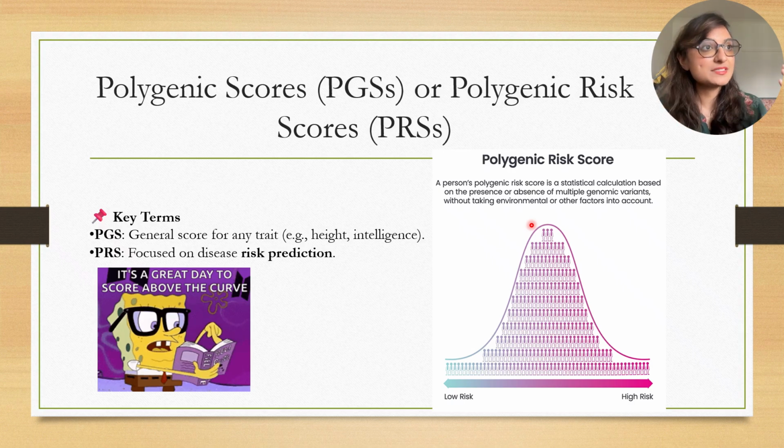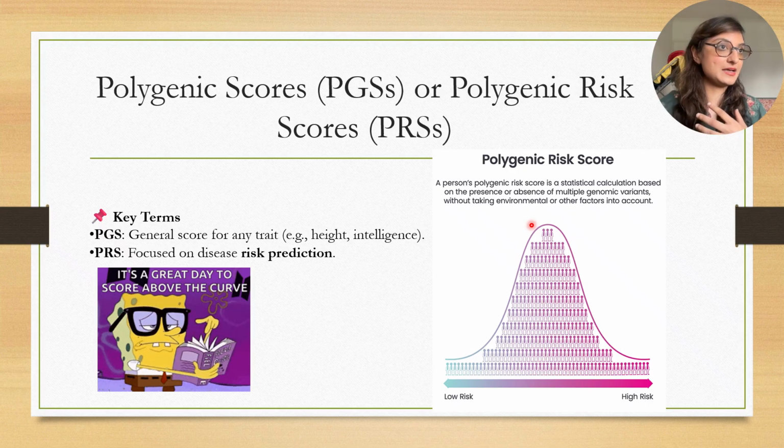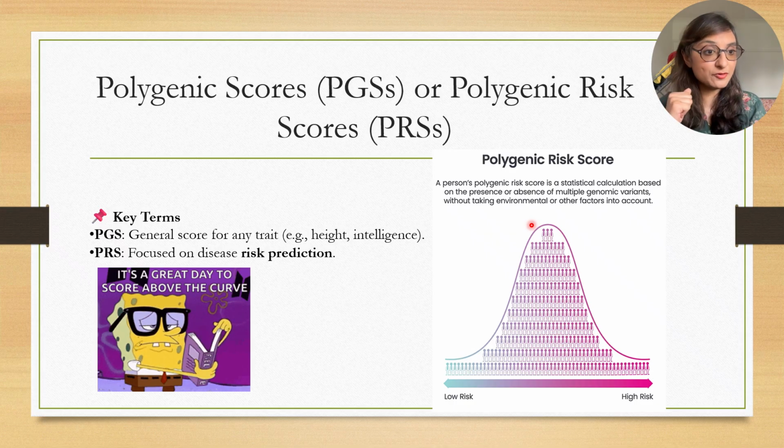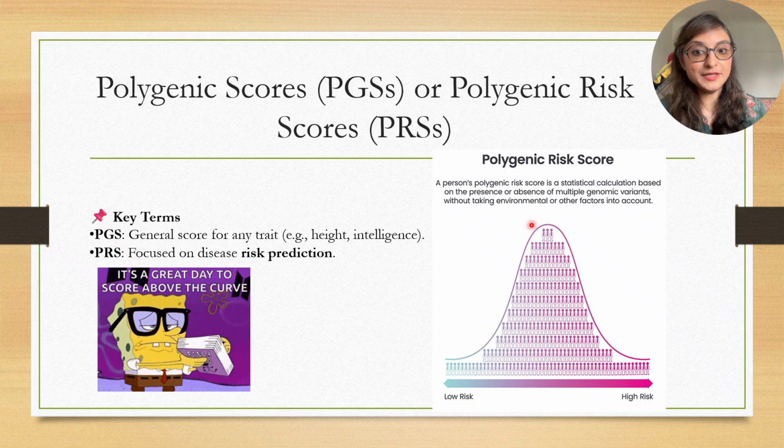So we find risk SNPs for a given condition, and we can see if an individual has those risk SNPs and what the dosages are. Do they have them on both chromosomes, from both parents, from just one parent, or from neither? We sum up those risk variants and find out their likely score for having the condition.